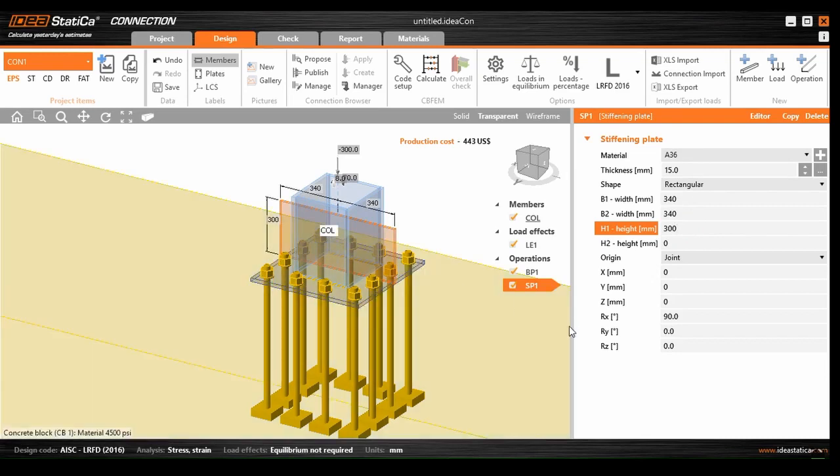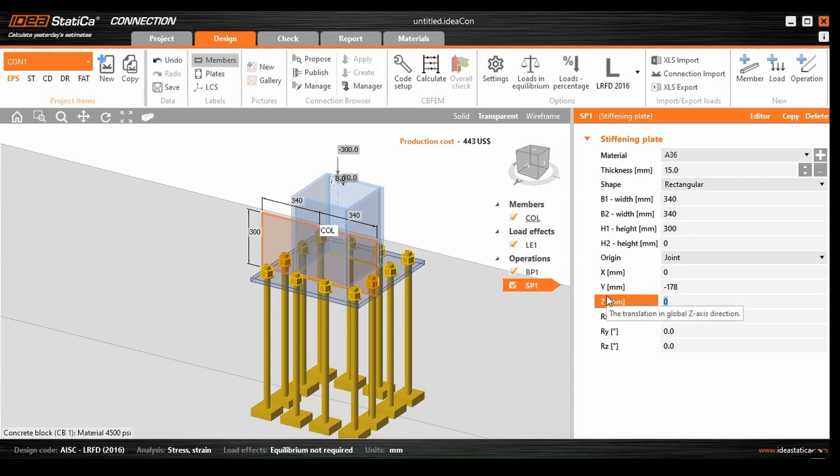So in this section I change the value of y to minus 177.5. So it is 340 divided by 2 equals 170 plus the half of the plate thickness. So I obtain 177.5 from this equation. So far so good.